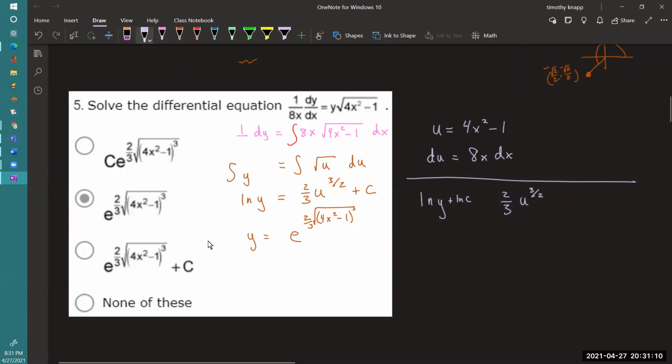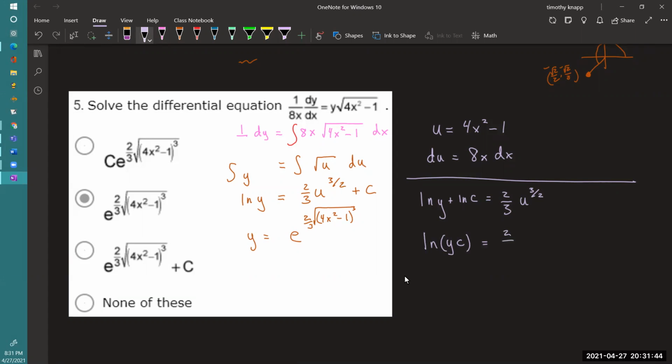They're tricking us, okay? You might be thinking, can I add a natural log of c? Yeah, you can add whatever you want. You can add 5c if you want. You can add 1,000,000 c, because then the c just scales down to whatever you want. Why do we add the natural log of c? Because then what happens is, remember that rule where the sum of two logarithms is actually equal to the logarithm of the product of the two arguments, all right?